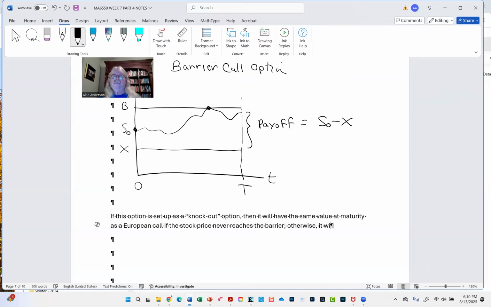Otherwise, it will have a value of zero, meaning it's knocked out.